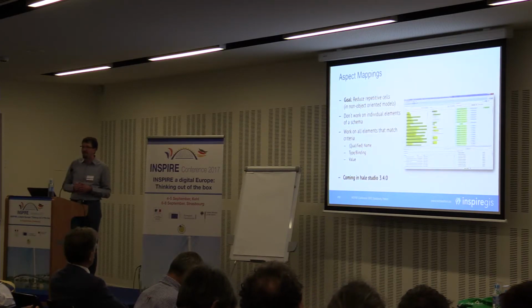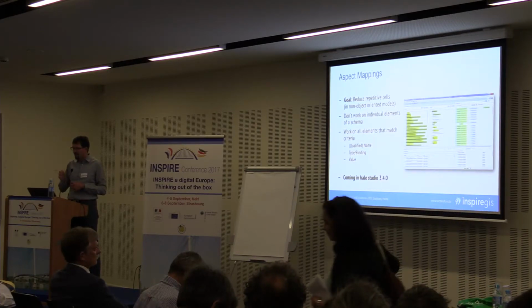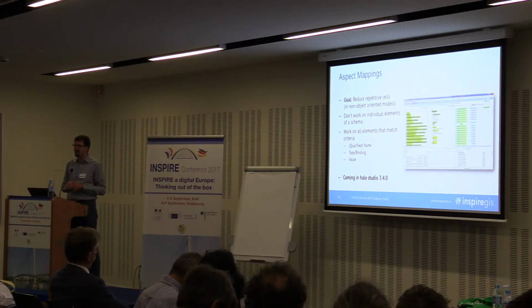However, not all data models are object-oriented models, and even some object-oriented models gave us some headaches. So one thing that we're currently working on are so-called aspect mappings, where we don't select concrete objects in the source or target anymore, but rather define a pattern, like for example everything that has a certain name or a certain type, like anything derived from geometry, which then falls under a single definition.